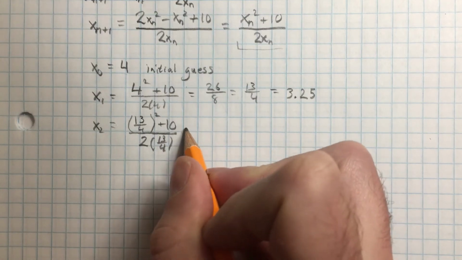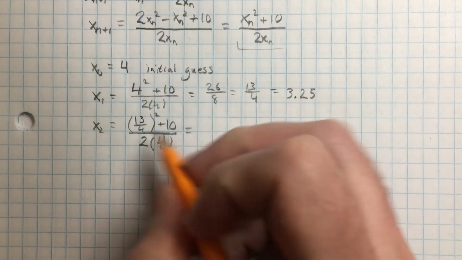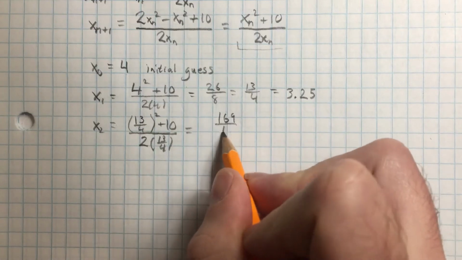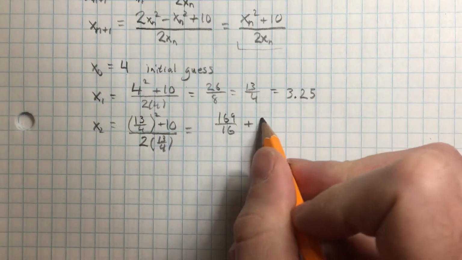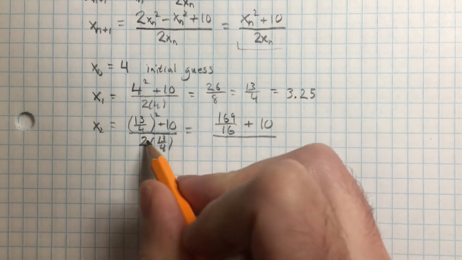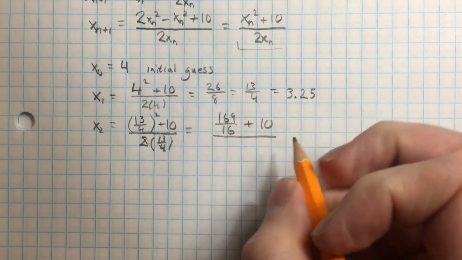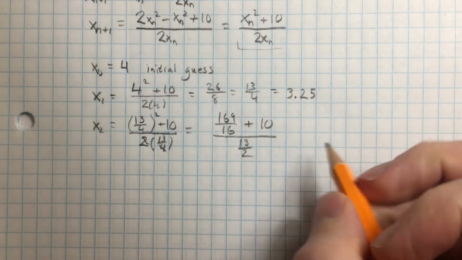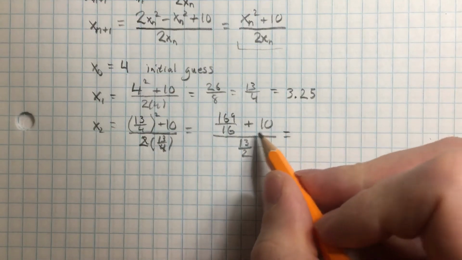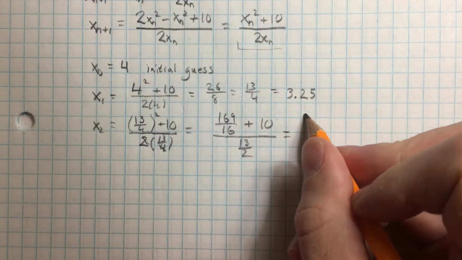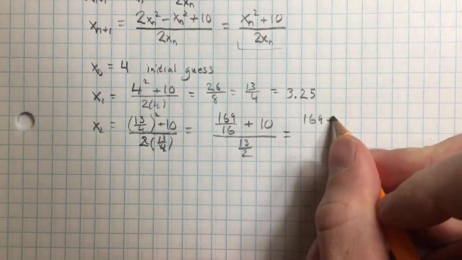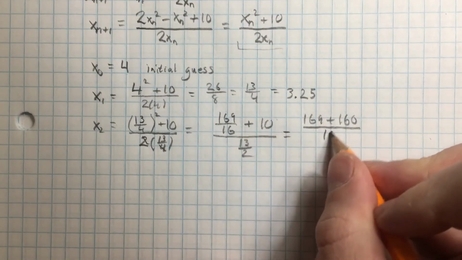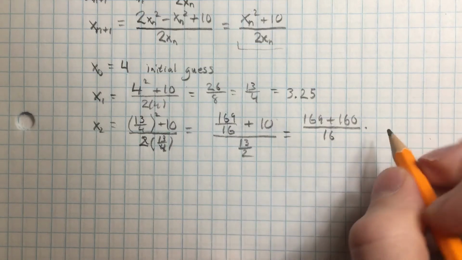All right, simplifying a tad, we'll have 13 squared is 169, so 169 on 16 plus 10 over, and cancel this 2 with this 4, we'll be left with 13 halves in the bottom. All right, I'm going to try to simplify this a little bit. So we'll multiply this by 16 over 16.